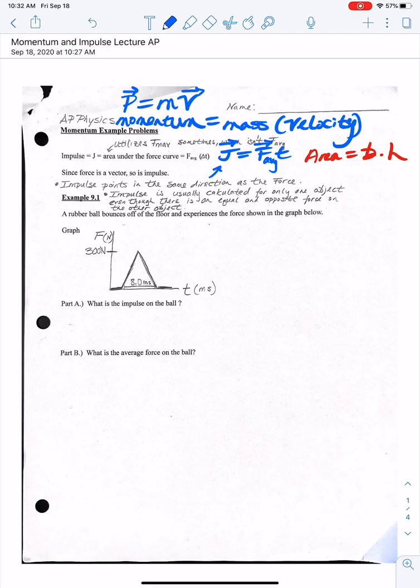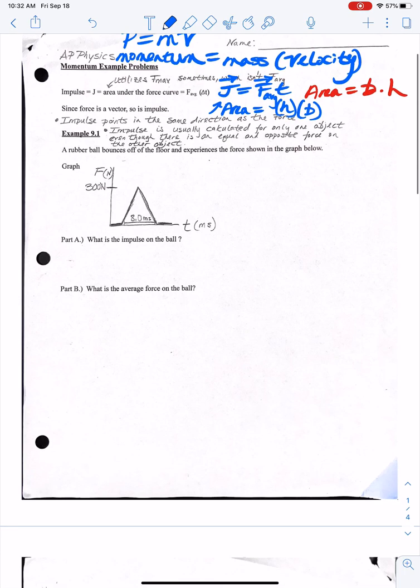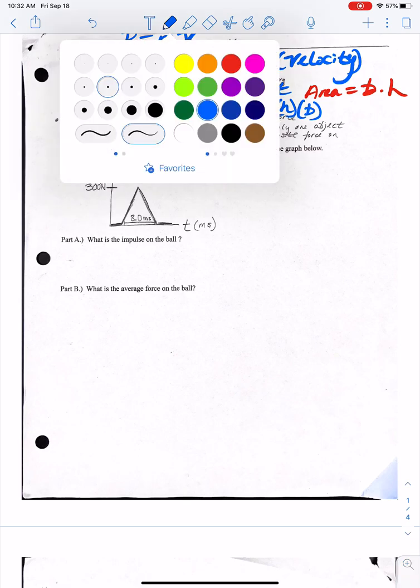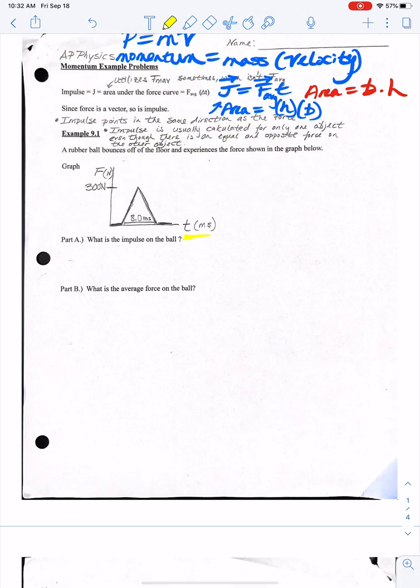So our area is going to be impulse, and it's going to be equal to the height, which will be F average, and the base, which will be time. So really, in this next example, we'll end up using area to get impulse. And so anytime you see a graph like the one below, where you see time on the x-axis and force on the y-axis, you should be thinking impulse, you should be thinking area.